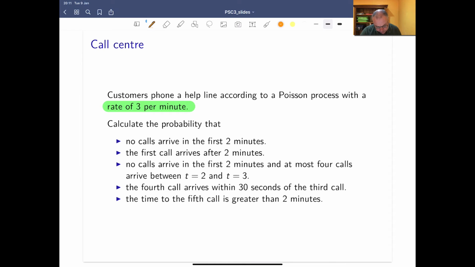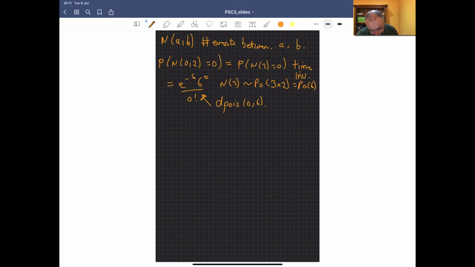The first call arrives after 2 minutes. So what have we got here? Let's draw the picture. Here's my 2 minutes, and here's my first call, sometime to the right of that 2. So within here, I have no events.